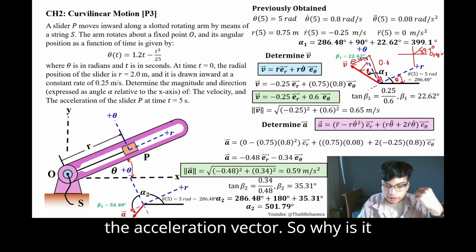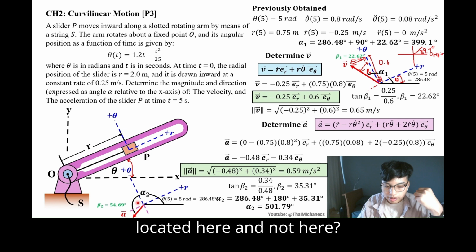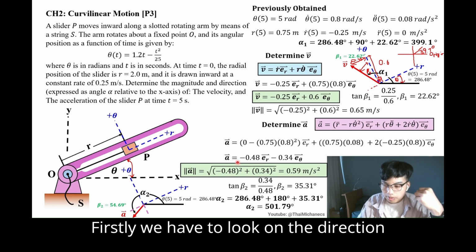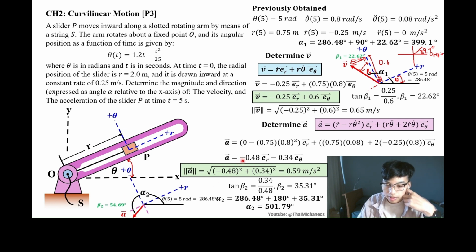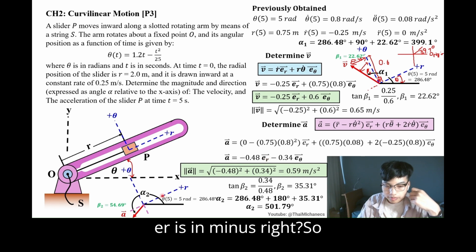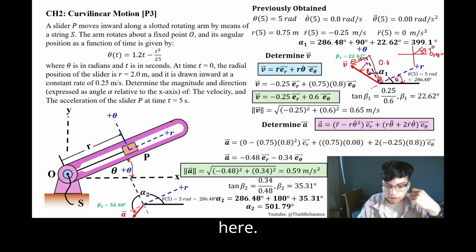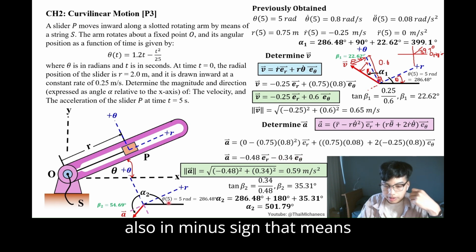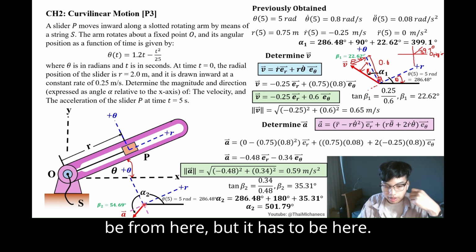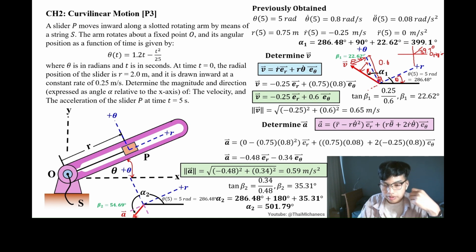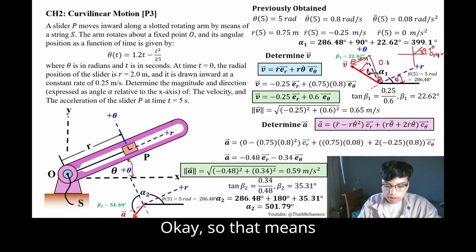So why is it located here and not here? Firstly, we have to look at the direction: the r component is in minus, right? So that means your vector has to be here. Then theta is also in minus sign. That means the acceleration cannot be from here, but it has to be here.